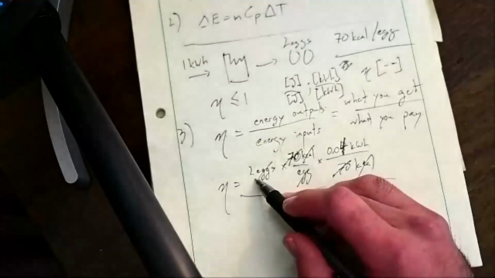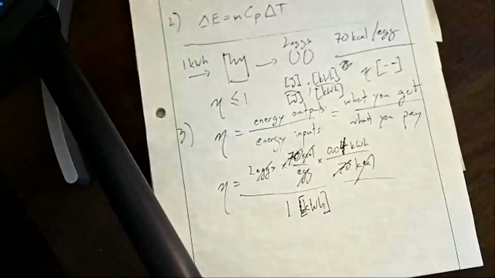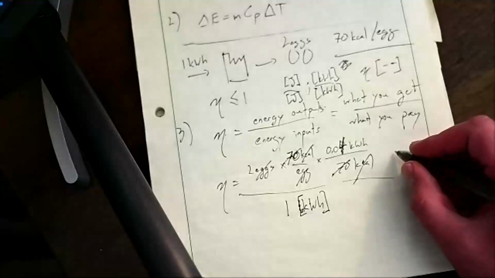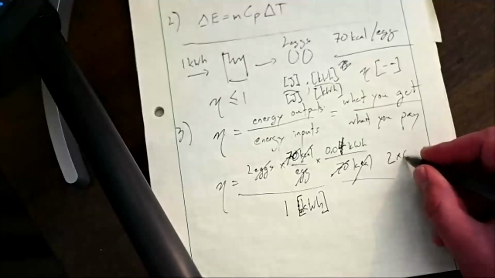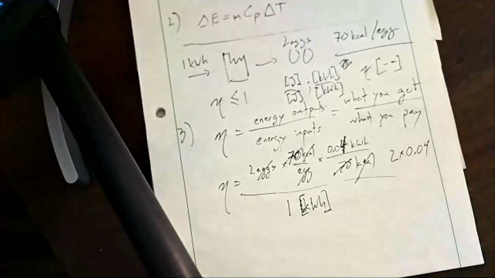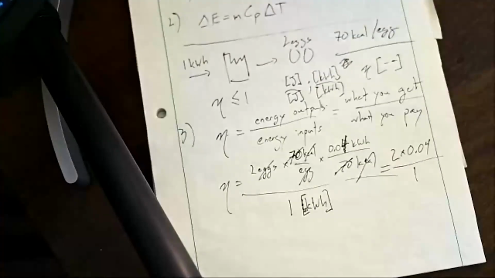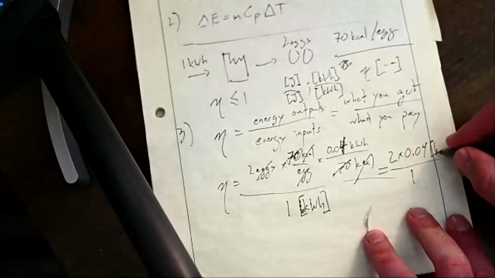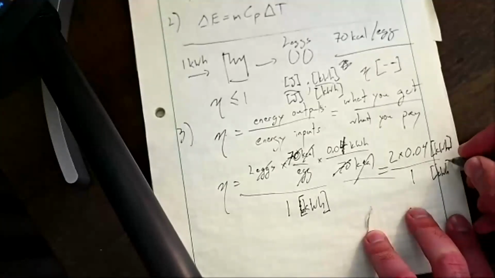Now I have 2 times 0.04 kilowatt hours over kilowatt hours.